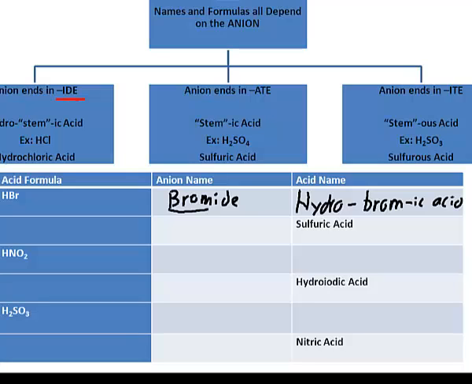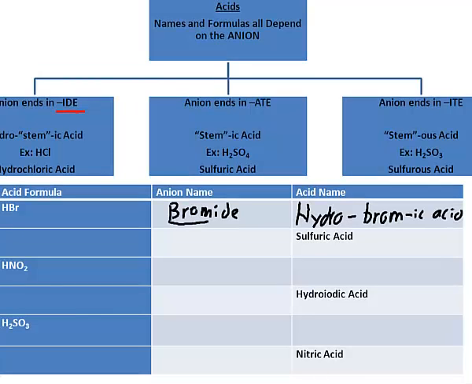Awesome. So next example, sulfuric acid doesn't have hydro in front, but it ends in IC, so I know that the polyatomic ion ended with what? Well, if we look back up at our rules, we see that anything that ends in ic without the hydro has to have an anion that ends in ATE. Cool. So on the back of my periodic table, I could find that polyatomic ion, right?